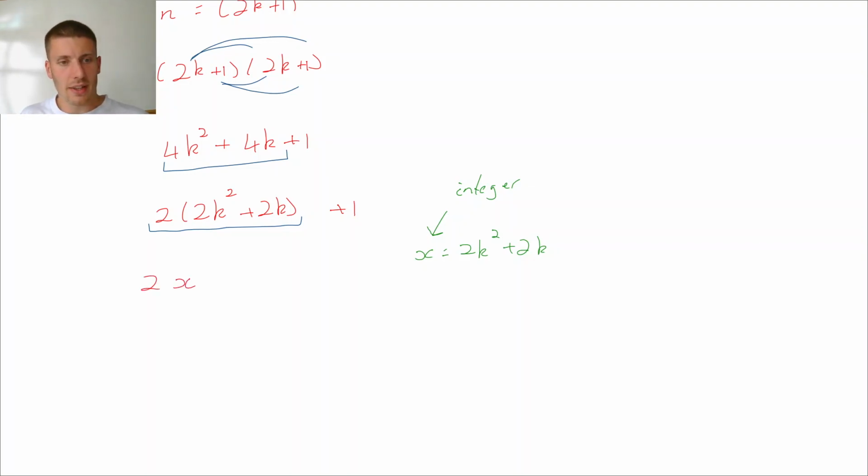I've replaced this bit with x to make it more concise, but importantly I've got that plus 1 still hanging on the end. With proof by deduction you've got to talk about everything you're doing. Well, 2x is just your 2 times table, which must be even. So 2x is an even number, and if you add 1 to an even number, you must get an odd result.